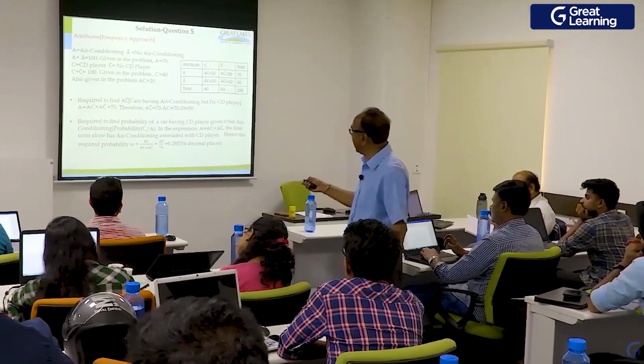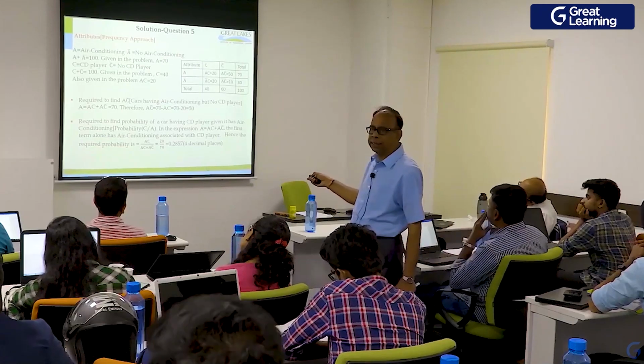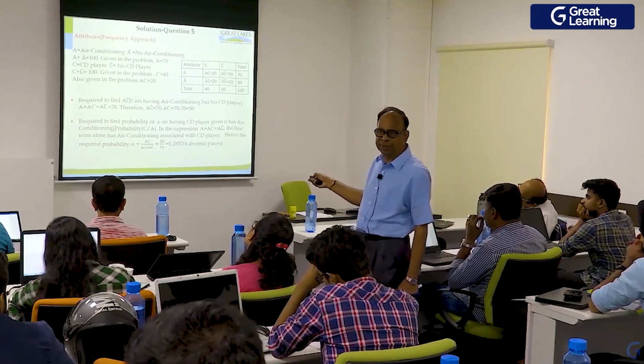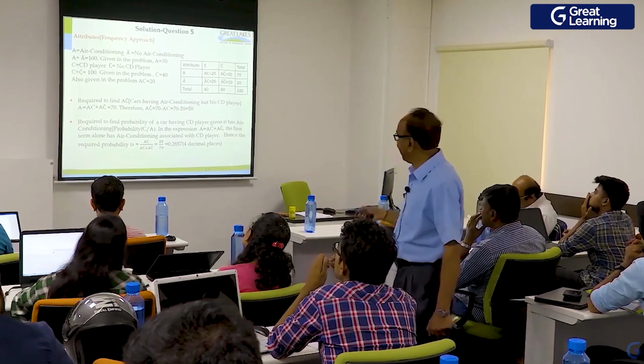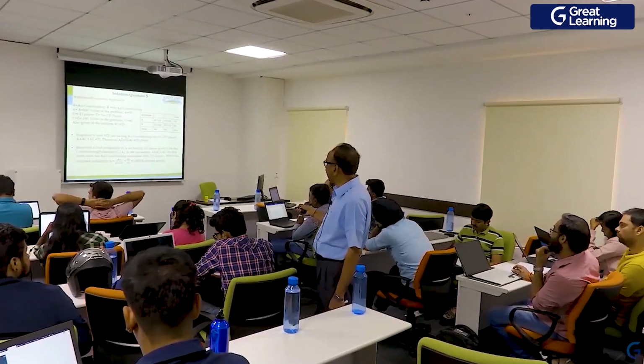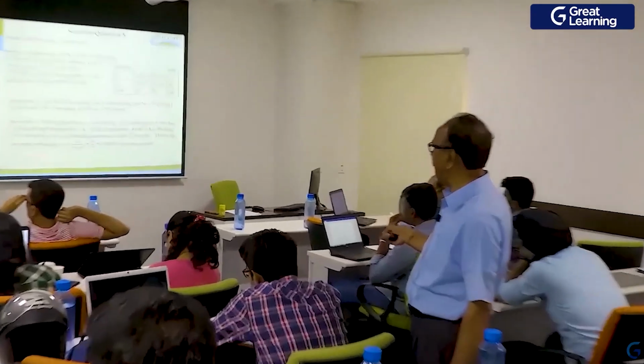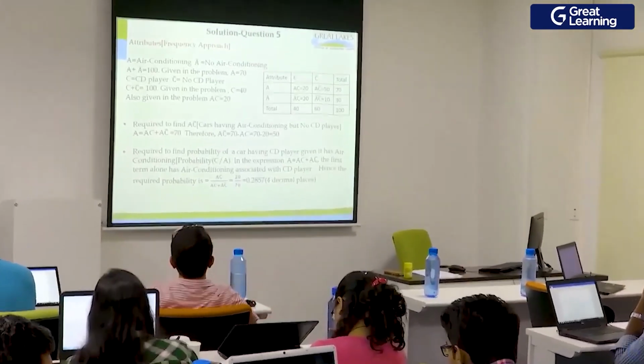Now, AC probability is called the joint probability of A and C. A or C are the marginal probabilities of A and C, because A occurs with C and without C. C occurs with A and without A, so they are marginal. Then C given A is the conditional probability.